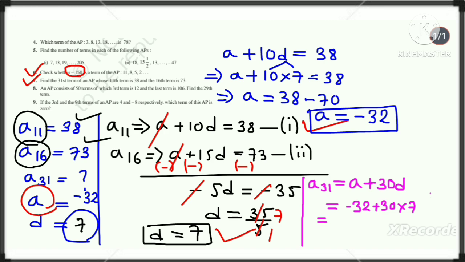Now minus 32 plus, and here 7 zeros are 0 and 7 threes are 21. Now finally, after subtracting 32 from 210, we obtain the value of A31 is 178. In this way, here we have obtained A31, which is 178.